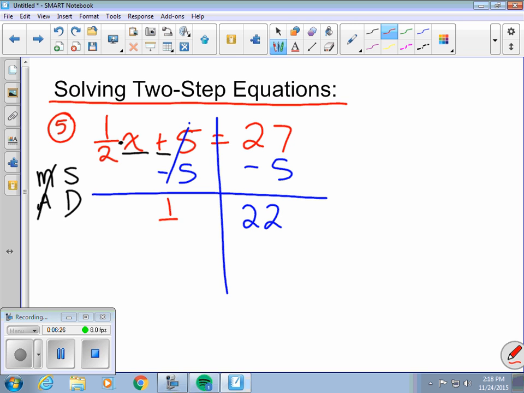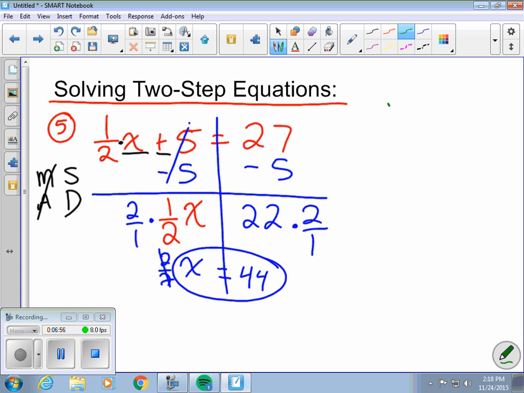On the other side, I still have 1/2 x. Now, this is that special fraction situation, and so I'm going to multiply by the reciprocal on both sides. This becomes 2 over 2x, but those go away and make 1x. And then 22 times 2 is 44.